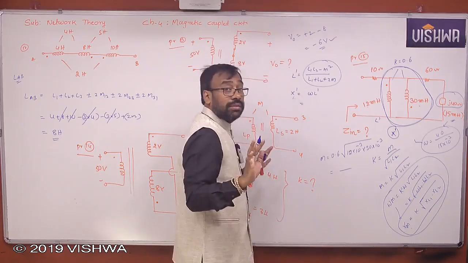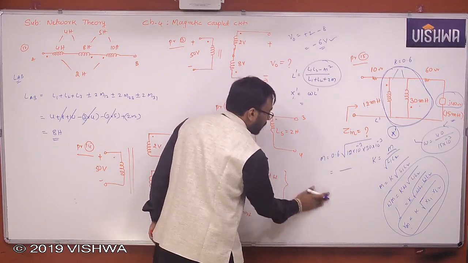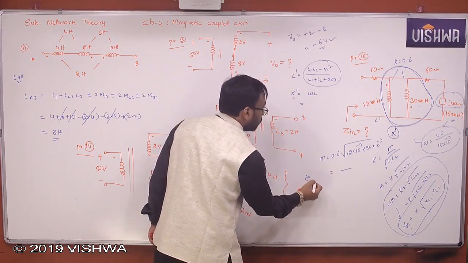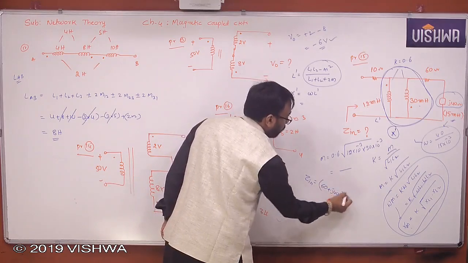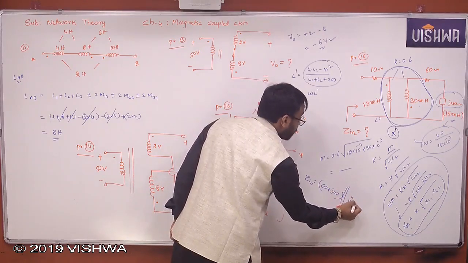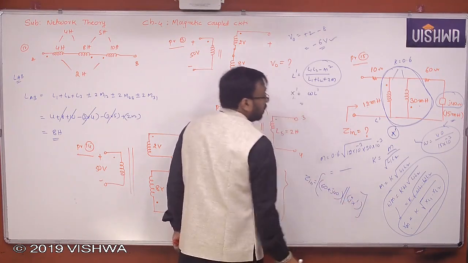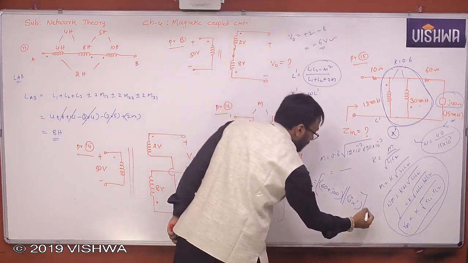Everything is available. Now what is Zin? Tell me, all of you. Zin is nothing but 60 plus j40 parallel with jX dash, I hope you understand this, jX dash because it is the reactance, right? Then plus 10.